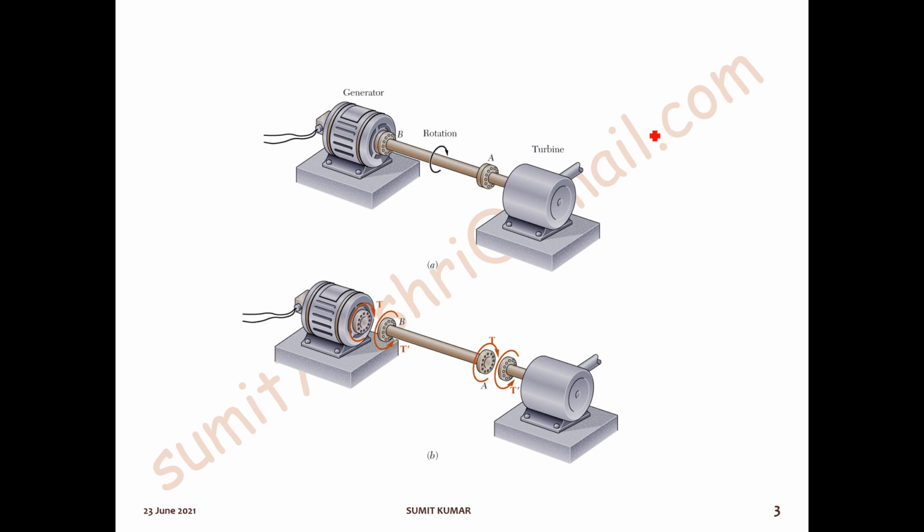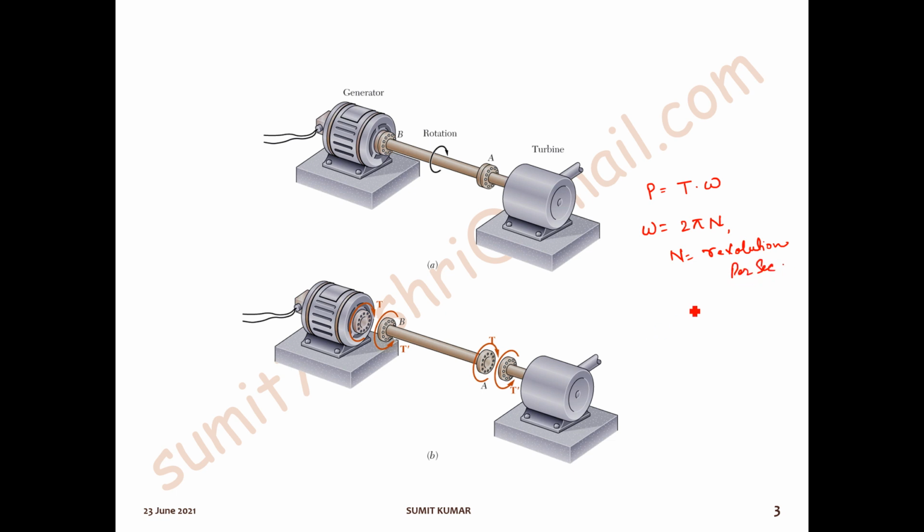The basic formula of power is power transmitted equals torque into angular velocity. If we wish to write this formula in terms of rpm, we can write angular velocity in terms of frequency as 2 pi n, where n is the revolution of the shaft per second.